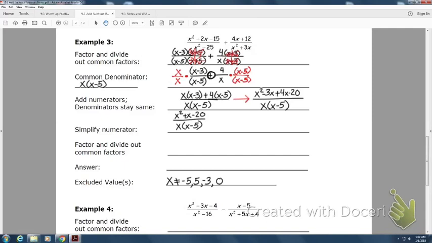So can somebody tell me what the factors are of negative 20 that add up to positive 1? Positive 5 and negative 4.